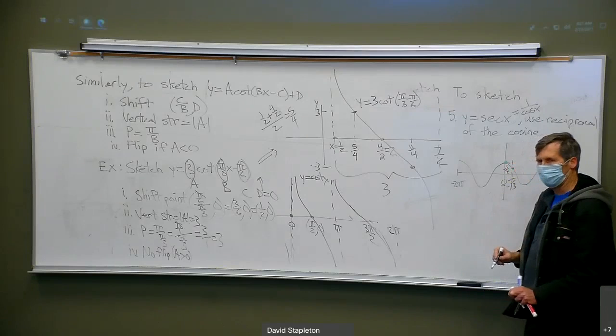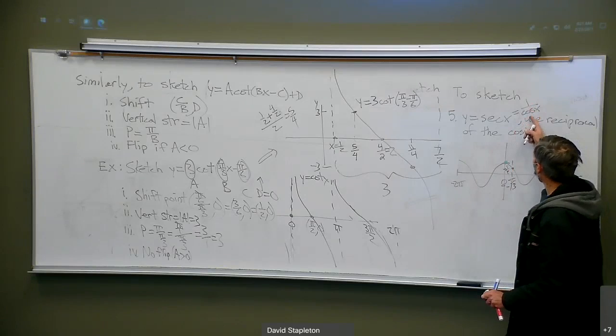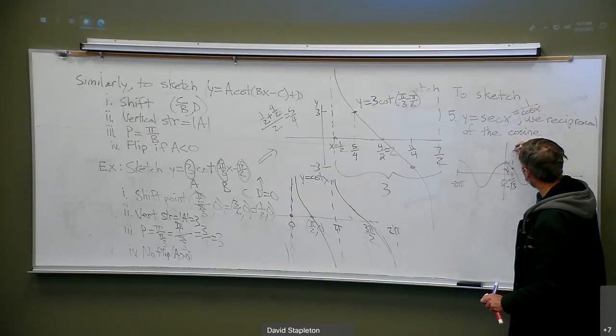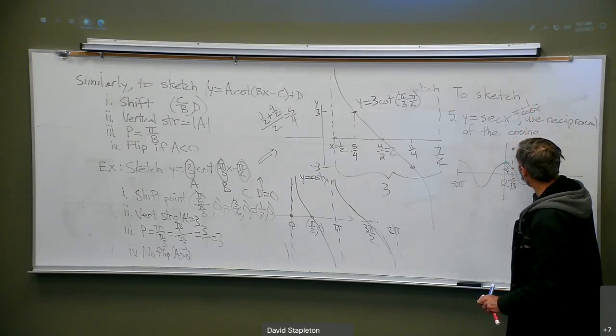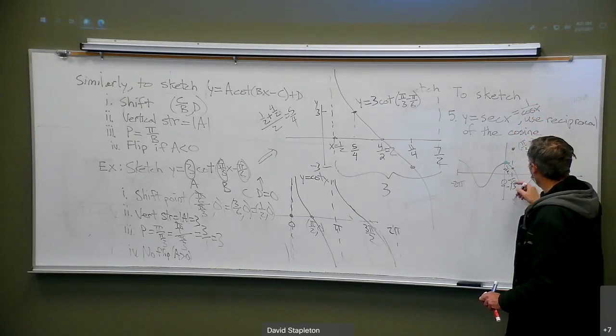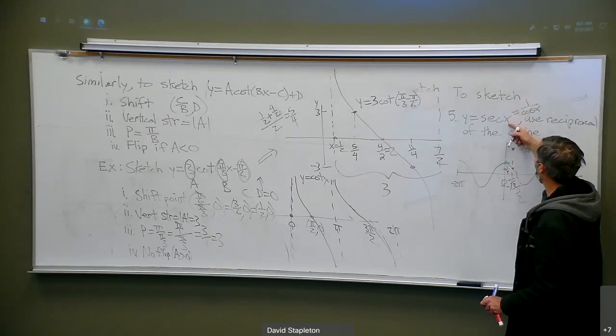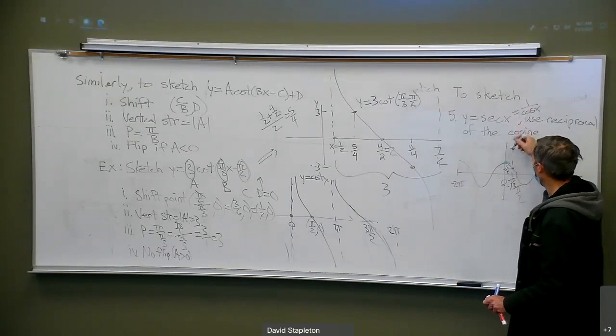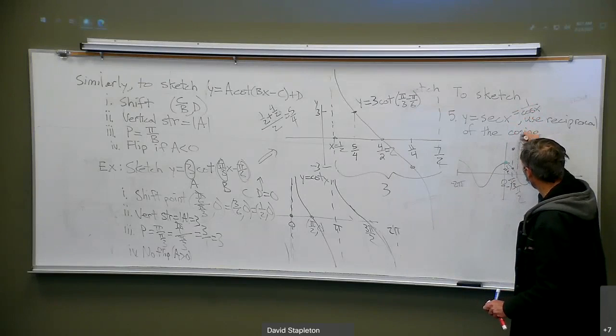If the cosine is a half, what's the secant? 1 over a half is 2. So at pi over 3, this is actually equal to 2. And at pi over 2, where the cosine is 0, well, secant should be 1 over 0. That's undefined.